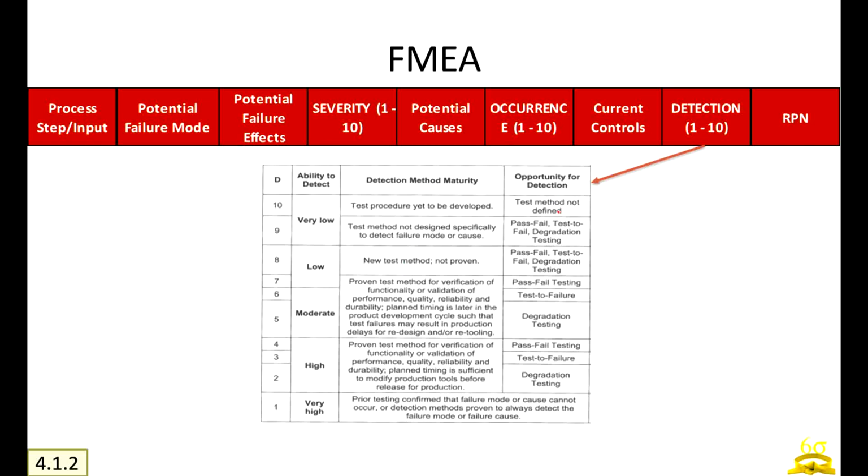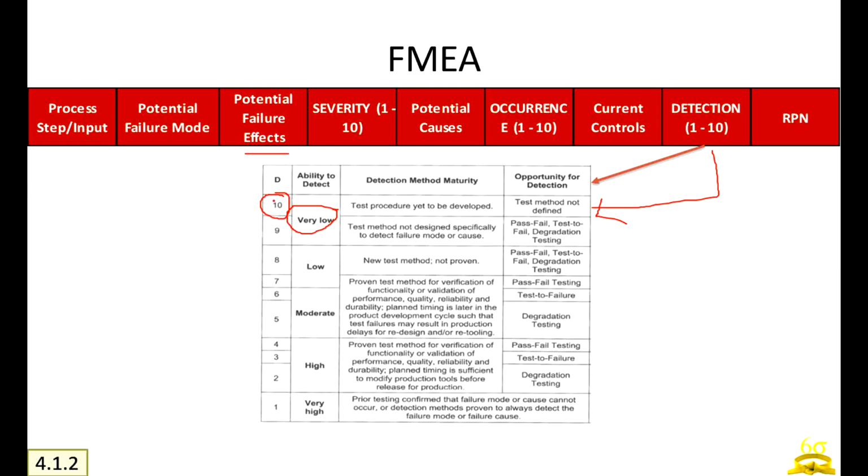Now detection. If there is a failure mode, how frequently does it go undetected? For example, there is no sugar in the tea and 50 customers are served. It cannot happen that it goes undetected, right? So how frequently does it get detected? If it cannot be detected at all, then we assign a very high number to it, between 1 to 10, because the ability to detect is very low.